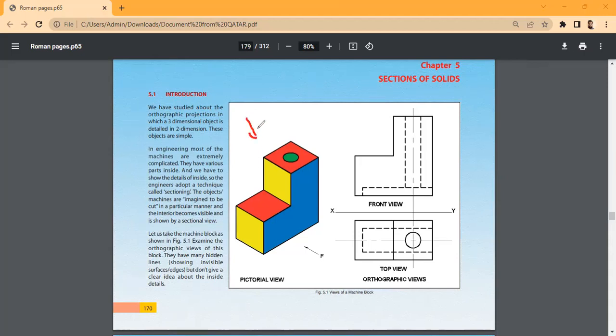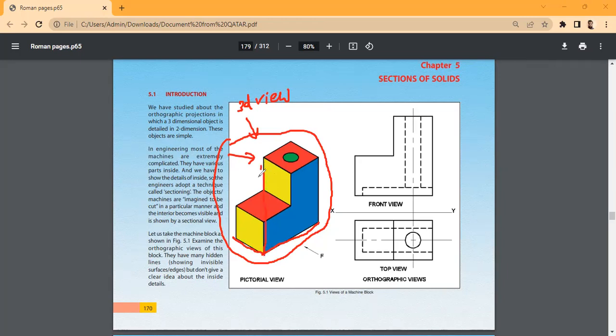See, what is the name of this view? Yeah, here. What is the name of this view? The left side, this one, this is actually a 3D view, right? Three-dimensional view, right? Yes, sir. Okay, because all the three dimensions are there: length, breadth, and height.